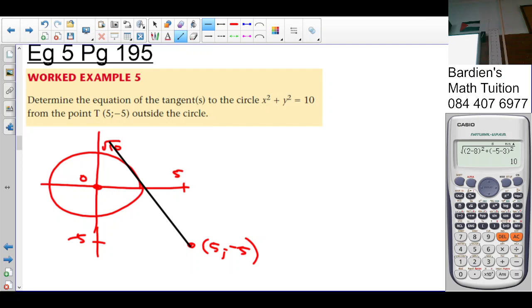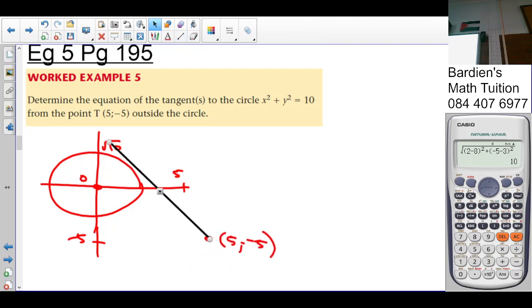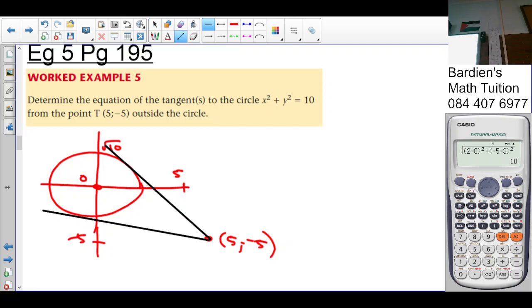Let's just move this point a bit. And the other tangent will come from that point as well through here. Then it looks something like that. Again, let's call this line 1 and line 2.